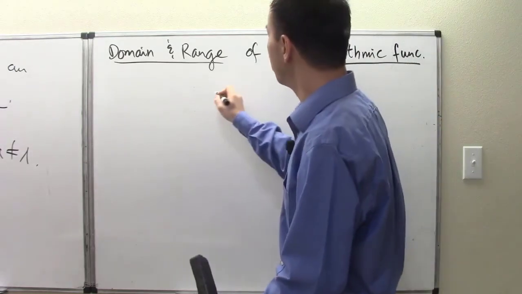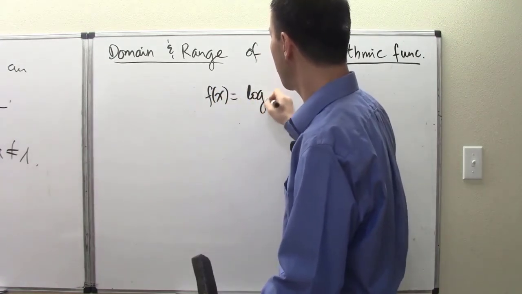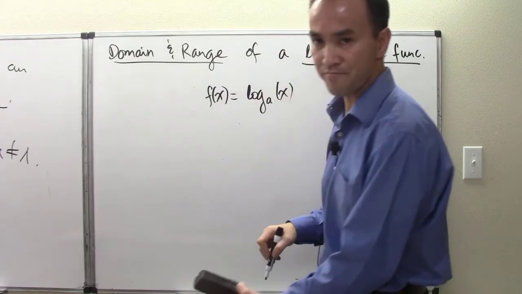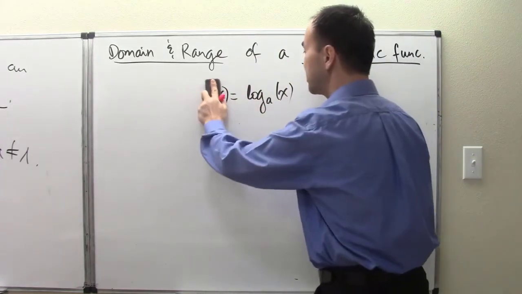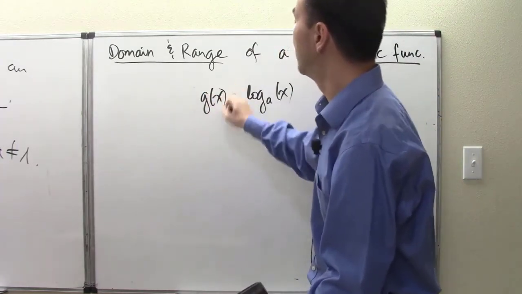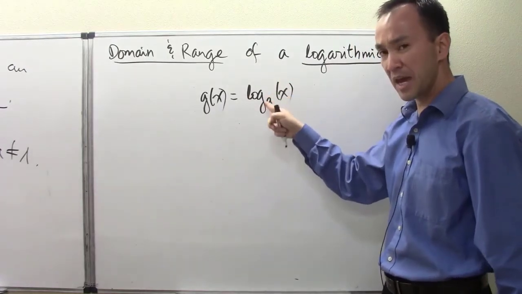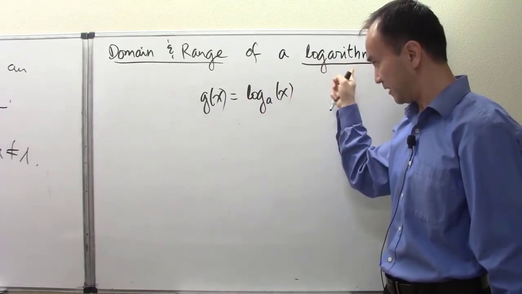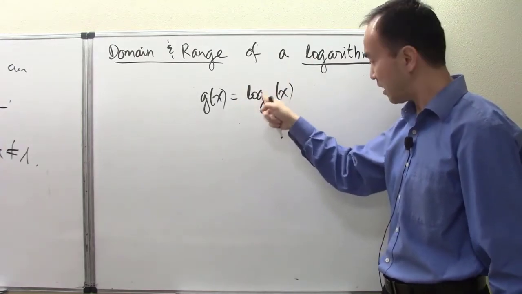And so if we define a function, I want to keep the two functions together on the two sides of my board, so let's call this g of x. For any function g of x being defined as a simple log base a of x, this is legally called the logarithmic function.